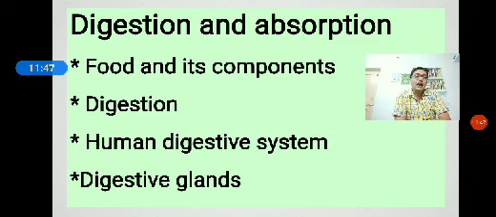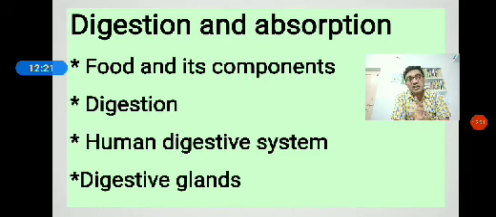Now we enter a topic called digestion. Digestion is a process in which complex organic food substances are converted into simple absorbable forms. Once again, digestion is a physiological process in which complex organic food molecules are converted into simple absorbable form. Such a process is called digestion.